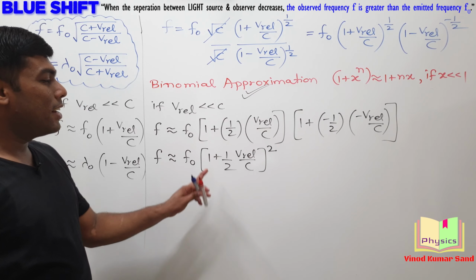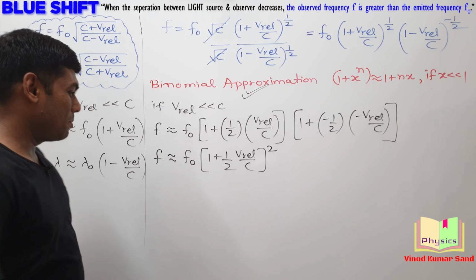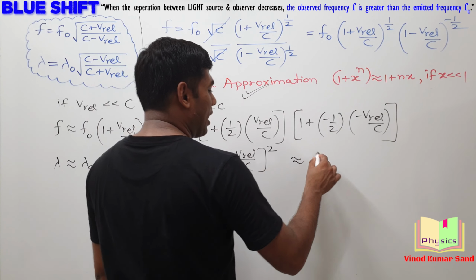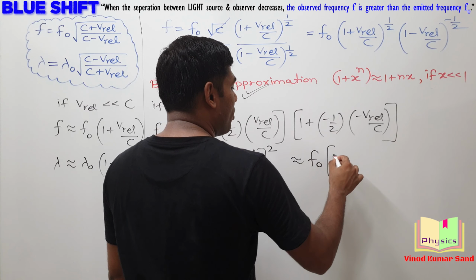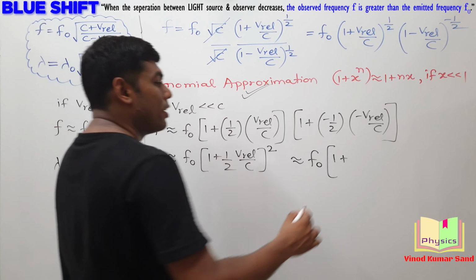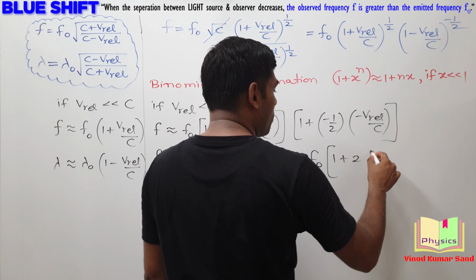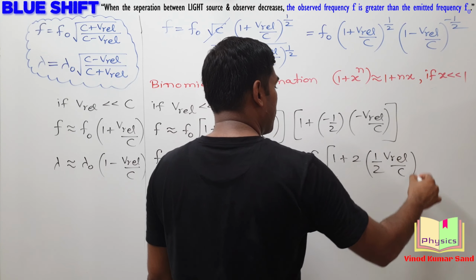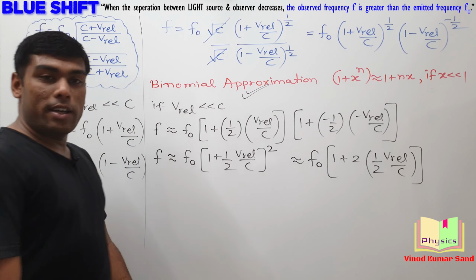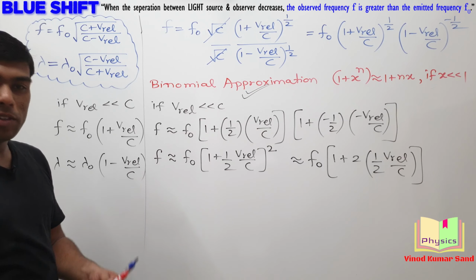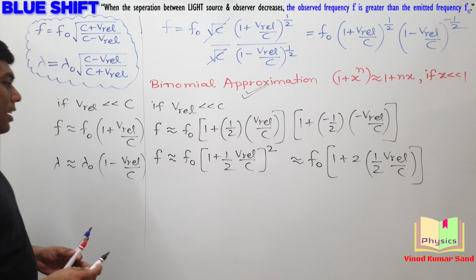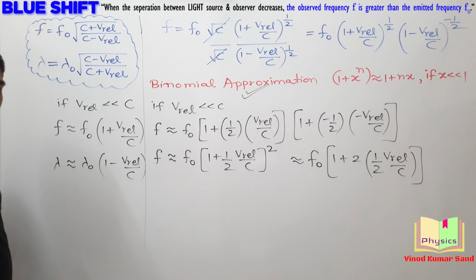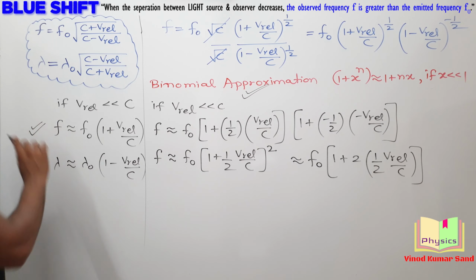I can again use the binomial approximation in this. So the final formula will look like f naught times 1 plus 2 into 1 by 2 v relative by c. Do you agree with this? We have the final expression with us. You can check that 2 and 2 will get cancelled out and we are left with this expression.